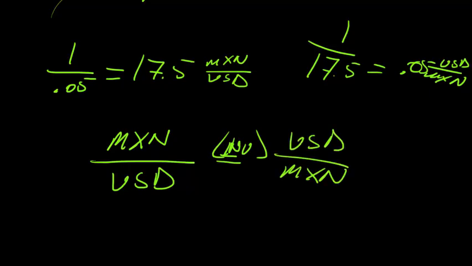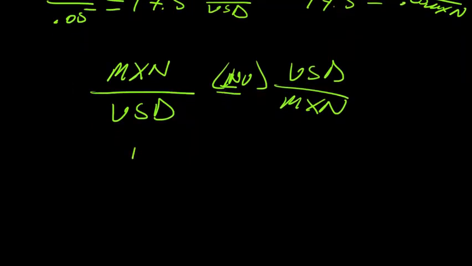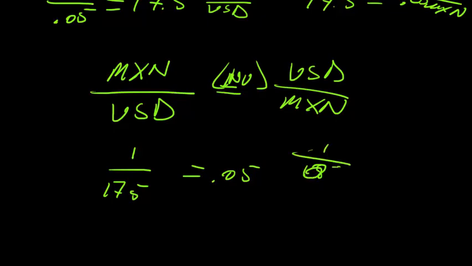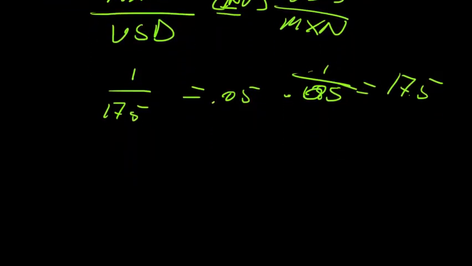I'm just taking one and dividing it by the other to get the solution. 1 over this relationship, 17.5, is equal to 0.05. And then again, 1 over 0.05 is equal to 17.5. And that's how I flip back and forth between inverse relationships.